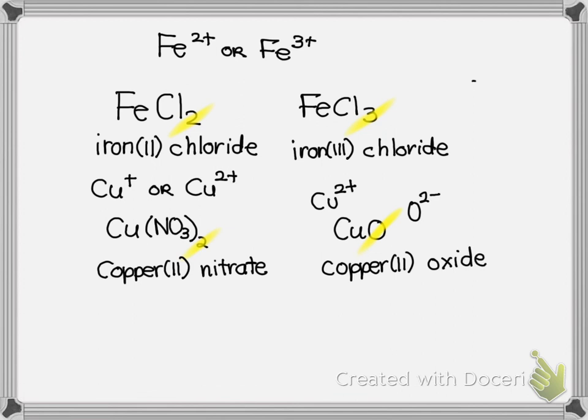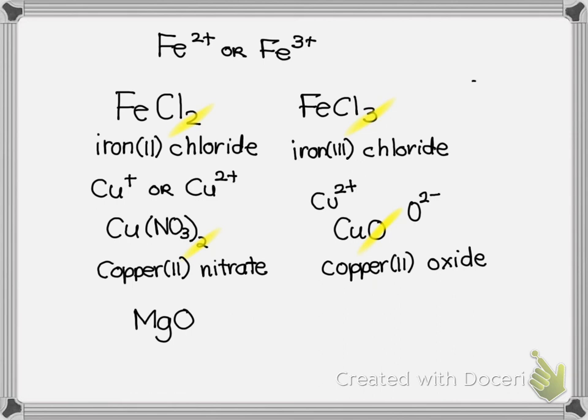Now, all of the examples I've been working on have cations that can have more than 1 possible charge. You don't have to think this hard if that's not true. For example, if I have MgO, magnesium can only have a 2 plus.